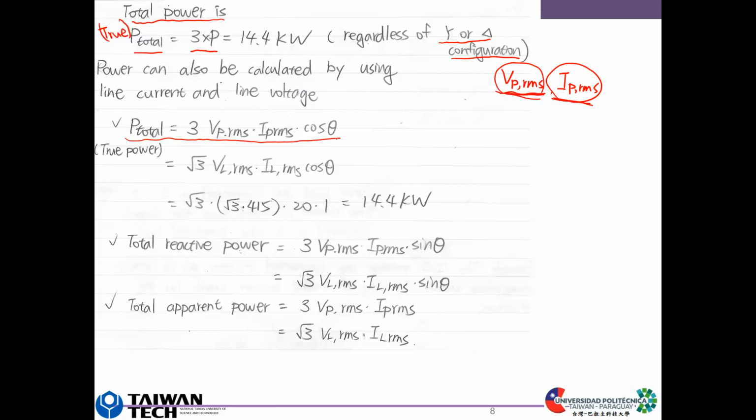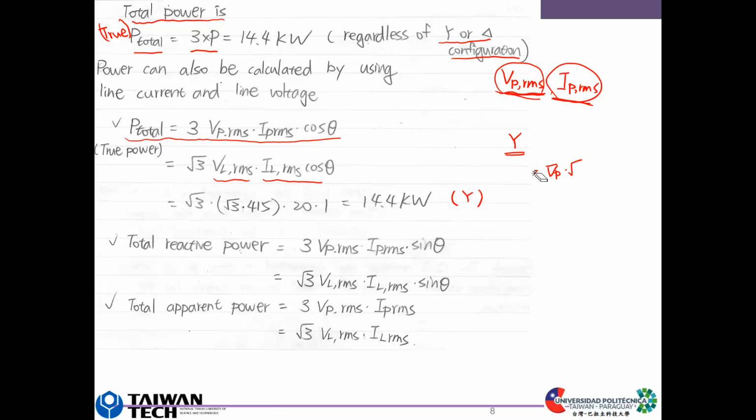And if you want to convert to line current, for example, for the case of Y configuration, what happens? For Y configuration, we have VL RMS equals VP RMS multiplied by square root of 3.